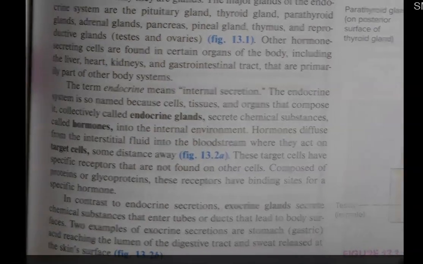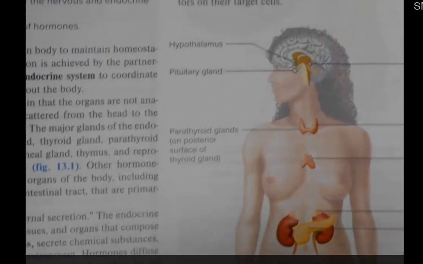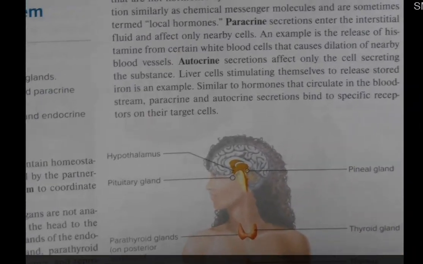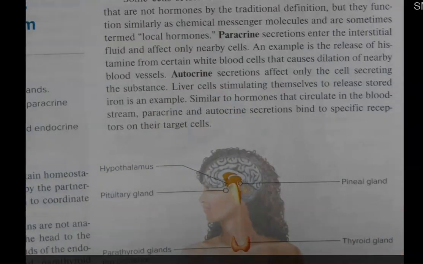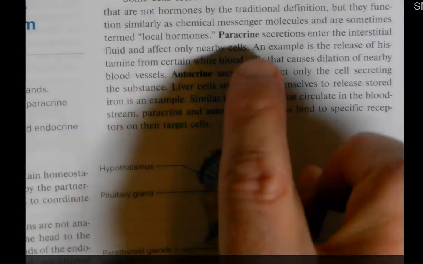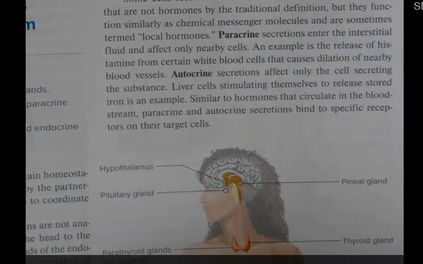Then up here we see talk about paracrine and autocrine secretions. And this draws a little bit of a distinction between endocrine. Technically, you could argue that these are endocrine secretions, but they're more specific to the way they reach their target cells.